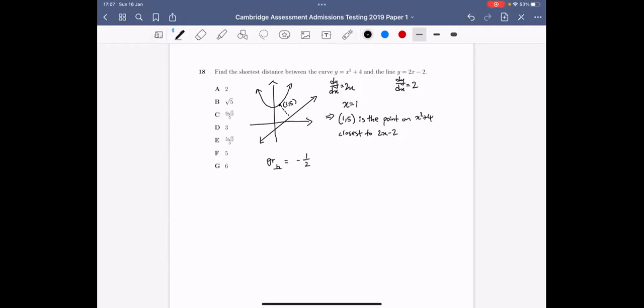We can use the point gradient formula to find the equation of that line, because 1, 5 is one of its points, so y - 5 is -1/2 of x minus 1. So y is -1/2 x plus 1/2 plus 5, but that's just 11 on 2.